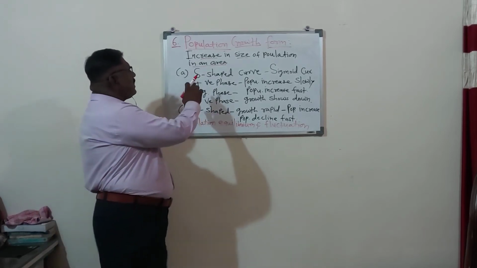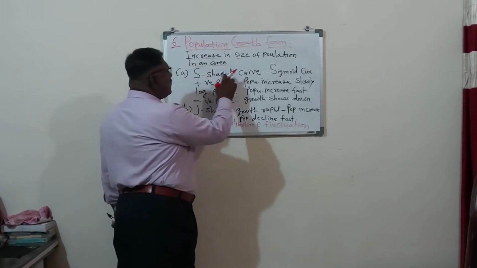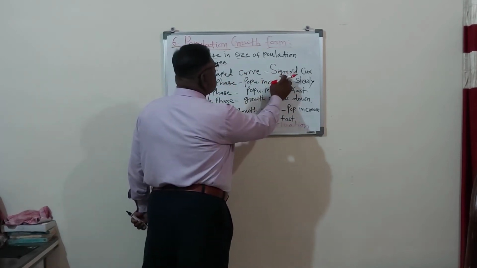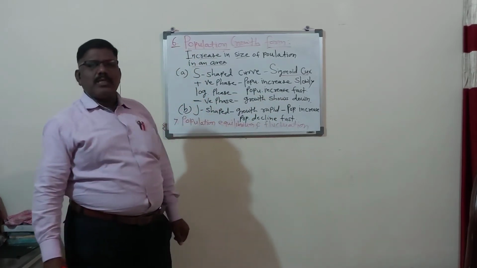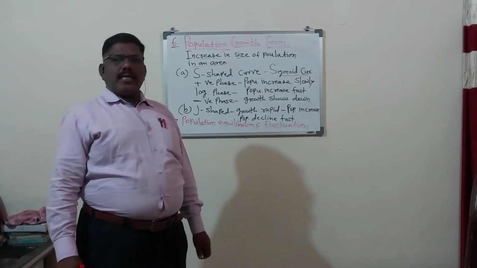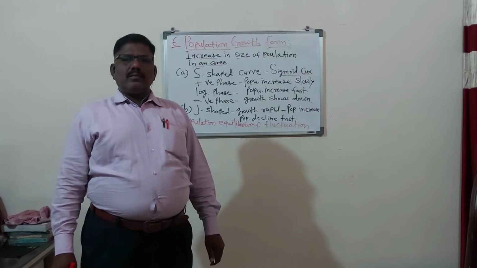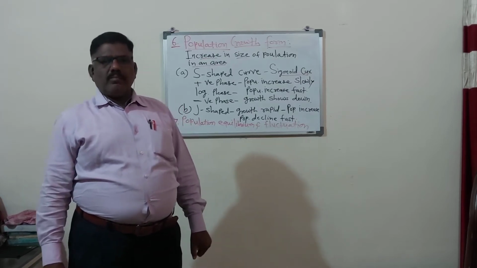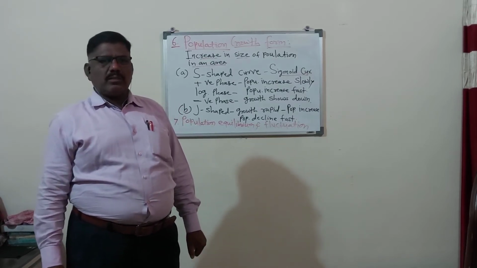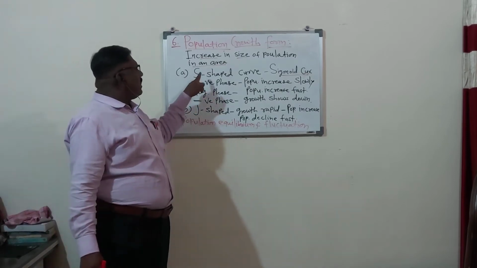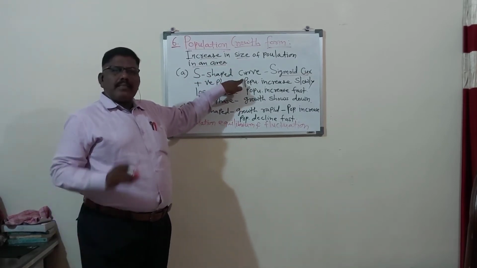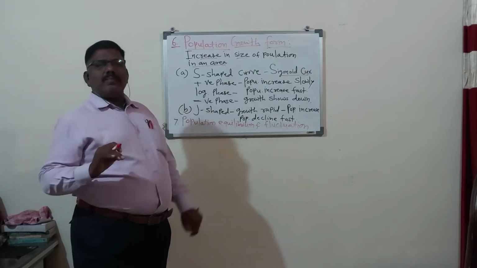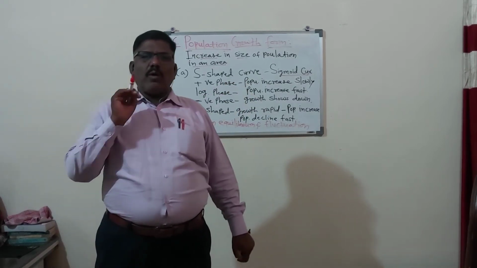This S-shaped curve is also called the sigmoid curve. Remember, our examination is conducted in MCQ type, multiple choice questions. There may be a question: the S-shaped curve is also called dash dash dash, and there are 4 options. One option is correct.